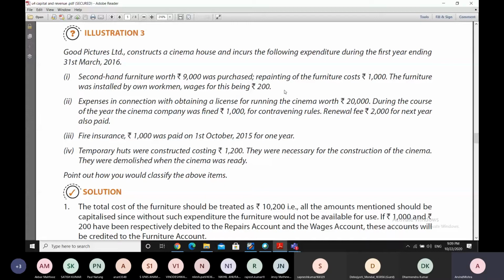So these items of expenditure are making the furniture fit to be used by the business. If 1,000 and 200 rupees have been respectively debited to the repairs account and wages account, these accounts will be credited to the furniture account.